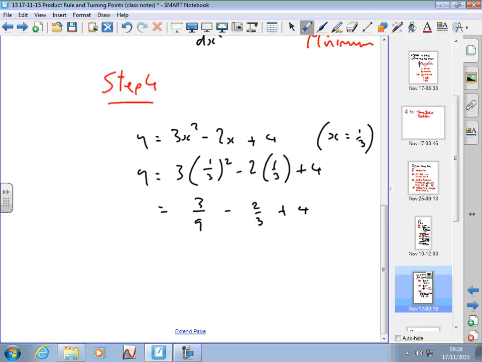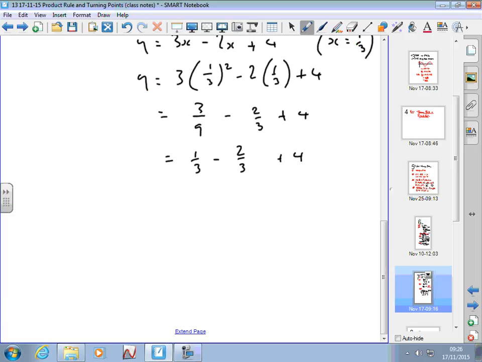I can come up with an exact answer. I don't need a calculator for this. 3 9ths is 1/3 minus 2/3 plus 4. 1/3 minus 2/3 is minus 1/3, so it's 4 minus 1/3, which is 3 2/3, or 11/3.